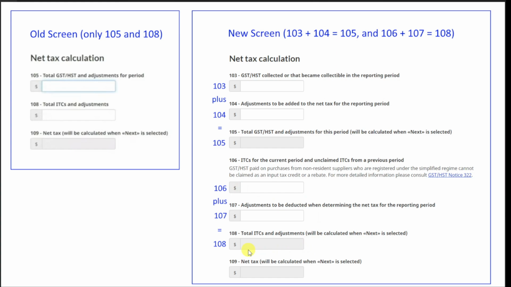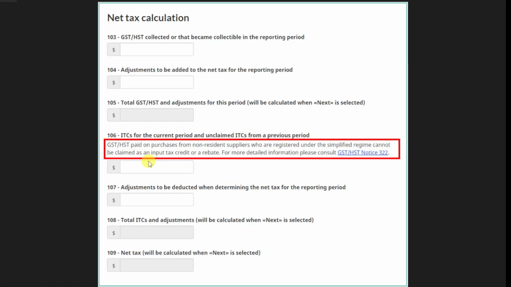But what has really inspired my video today is that they have added a very interesting caveat that sure caught my attention. Under the description of line 106 for the total ITCs paid on expenses, it reads, "GST/HST paid on purchases from non-resident suppliers who are registered under the simplified regime cannot be claimed as an input tax credit or a rebate.